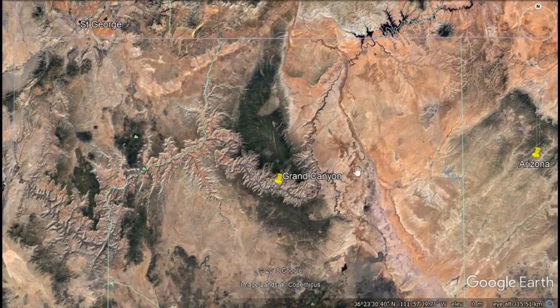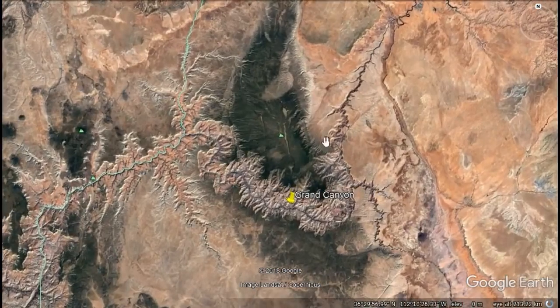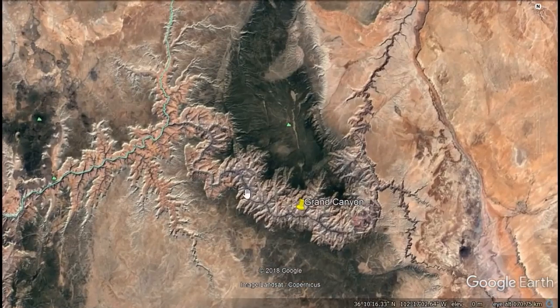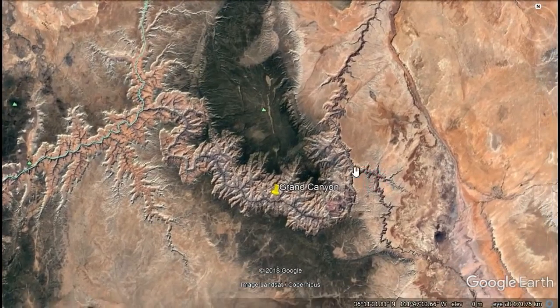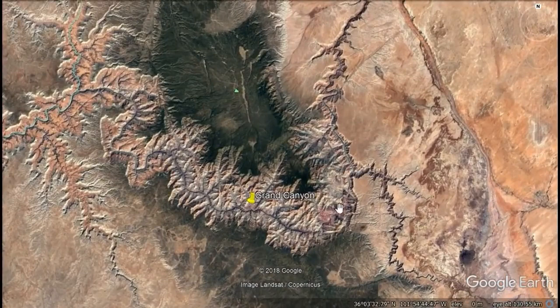So these Lichtenberg patterns or figures, they don't just appear in nature, they can actually be observed on people. During lightning strikes, people have been struck by lightning. So we're going to look at a few pictures of people who have been struck by lightning and lived to tell the tale.